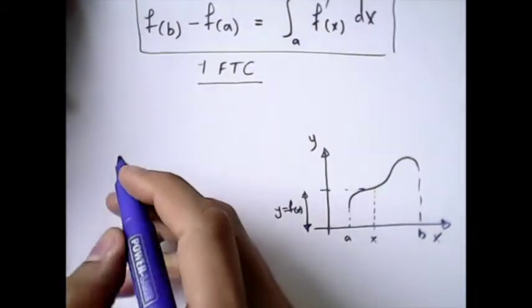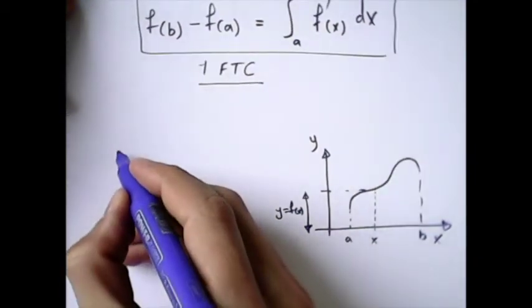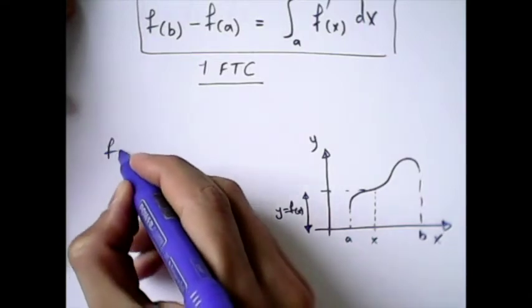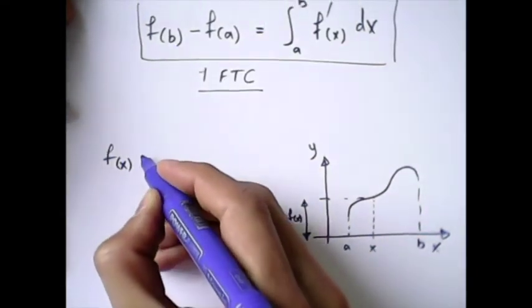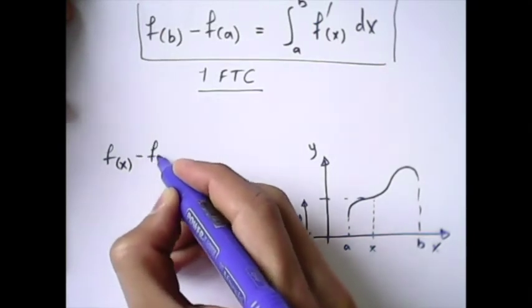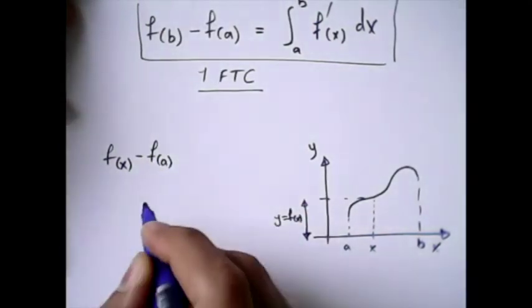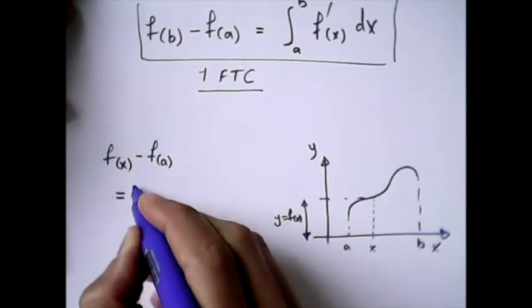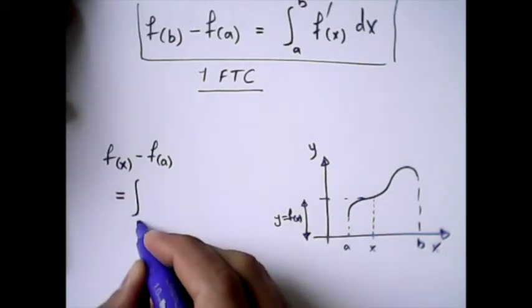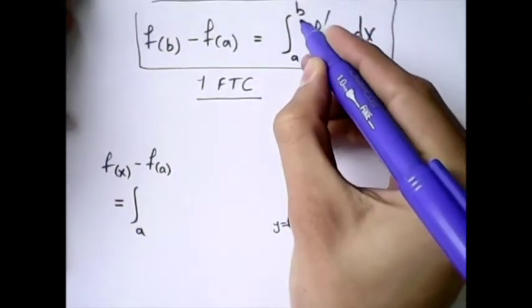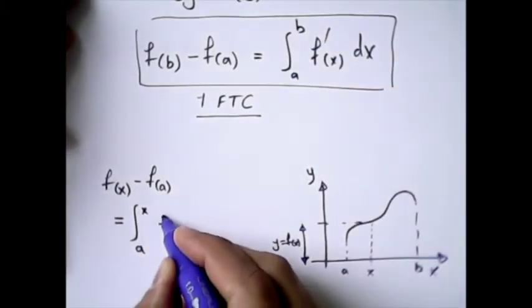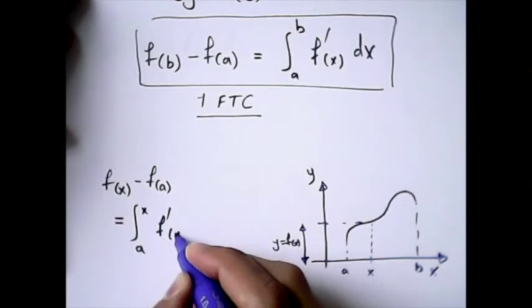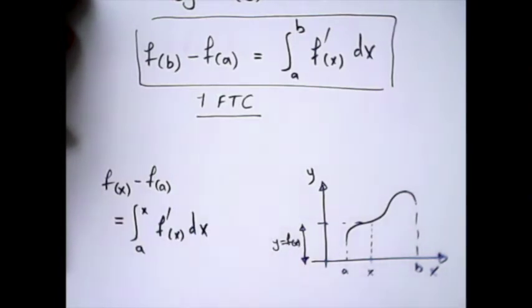So f of x, replacing b by x, minus f of a would be equal to the integral from a to, I'm going to replace b by x here, of f prime of x dx.